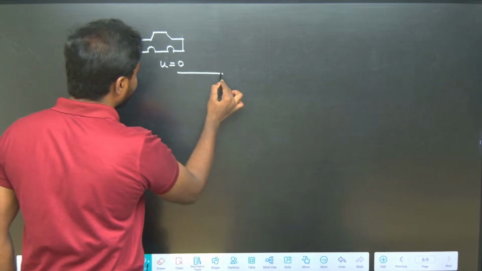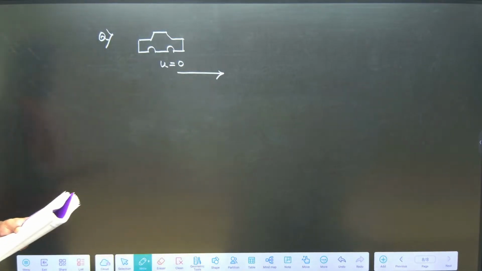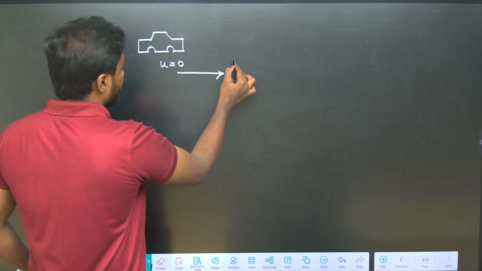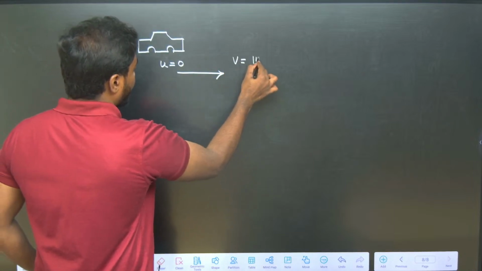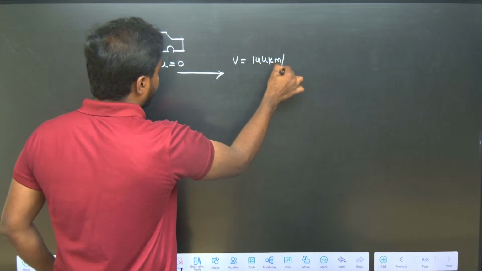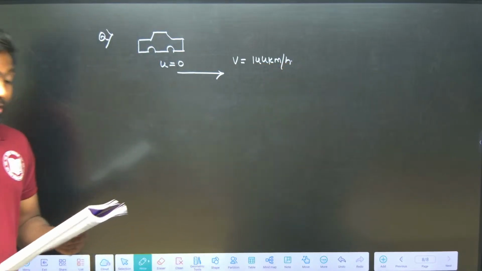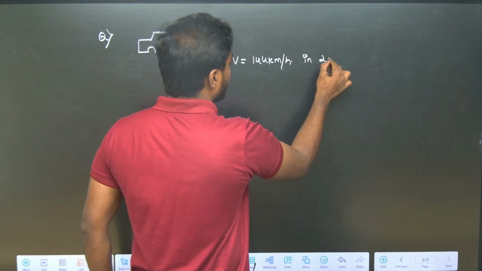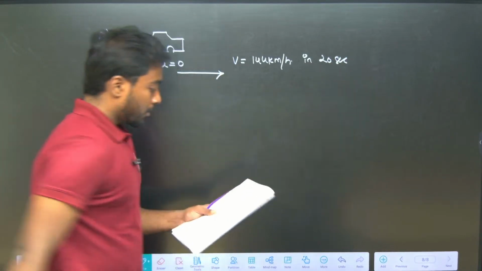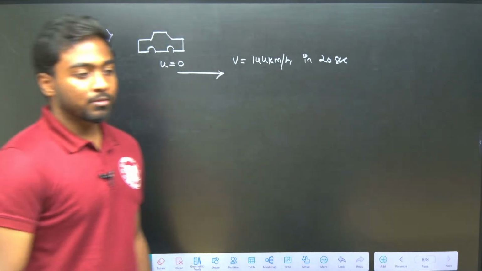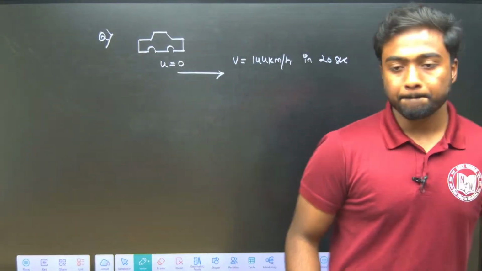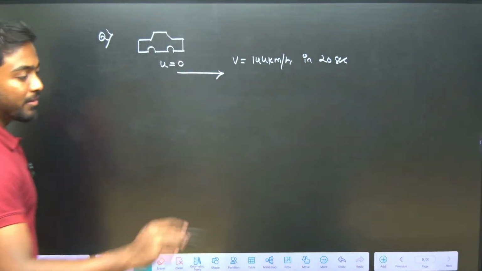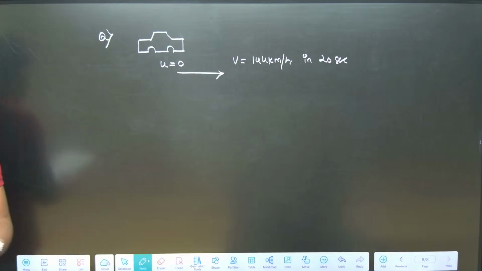It has been accelerated with uniform acceleration, and the velocity was 144 kilometer per hour in 20 seconds. So how much distance has it covered? They are asking this. What will be the answer for this?